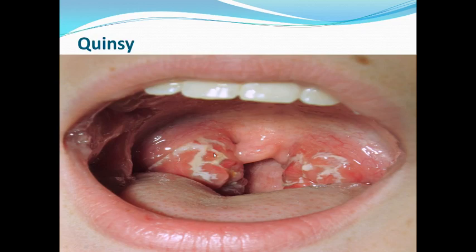So peritonsillar abscess or quinsy are synonymous clinical terms which can be used synonymously. If the infection causing tonsillitis is spreading into the surrounding peritonsillar area and causing pus formation or abscess formation, then it will be termed as quinsy.